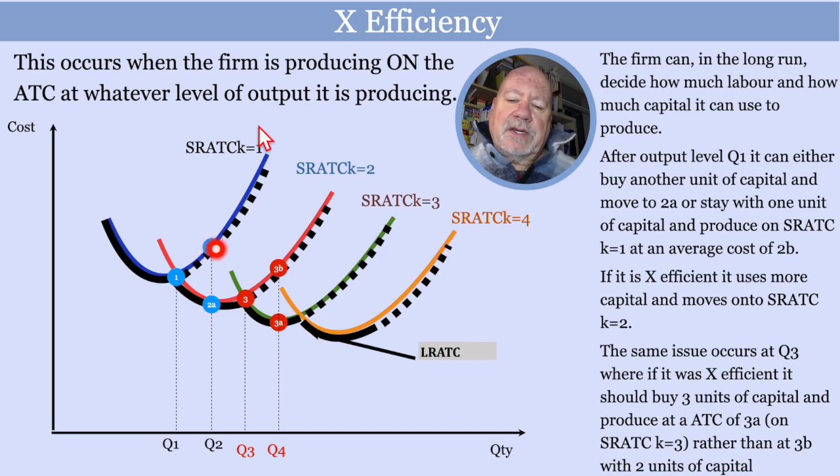So this here would be X inefficient because you are only employing 1 unit of capital where you could have brought a second unit in the long run and got down to being on point say 2A. I hope that makes sense to you.